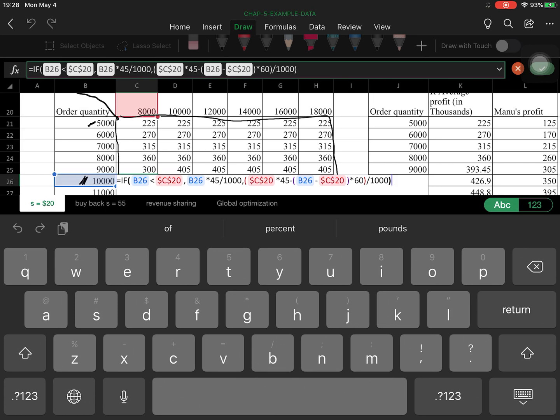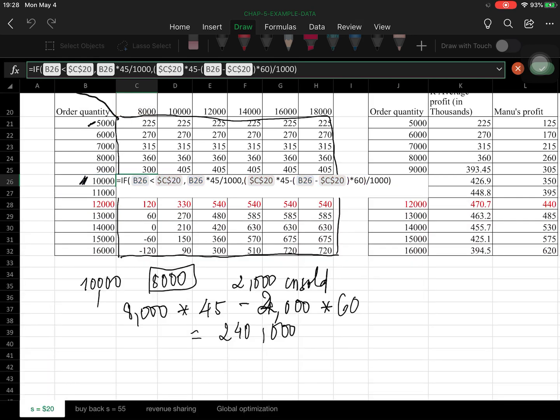Okay, so here I input the function: if the order quantity is less than the real demand, the profit will equal the order quantity multiplied by the marginal profit, and divide by 1,000. This one you don't need to care about, because I just want to simplify it by dividing by 1,000.